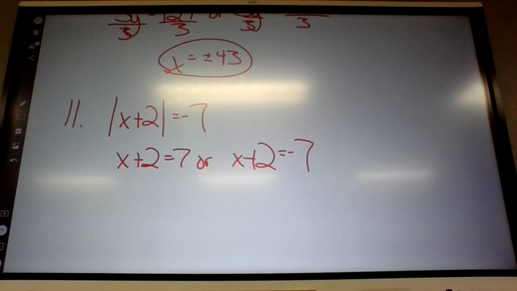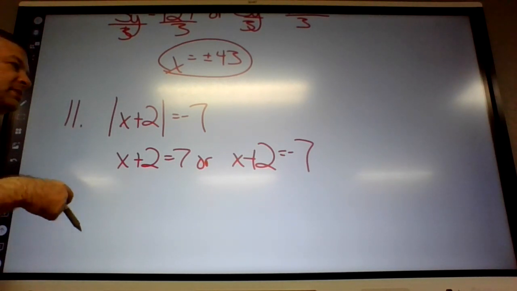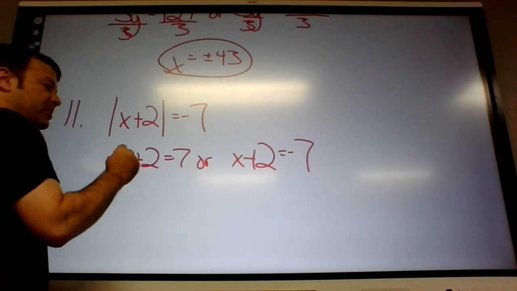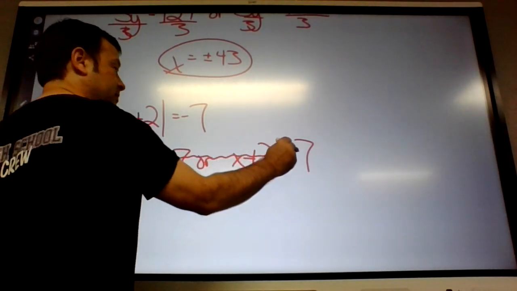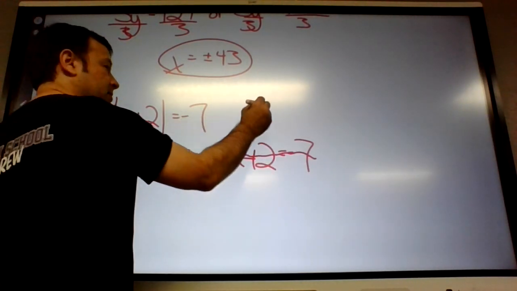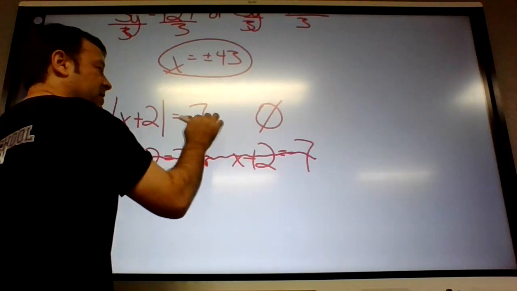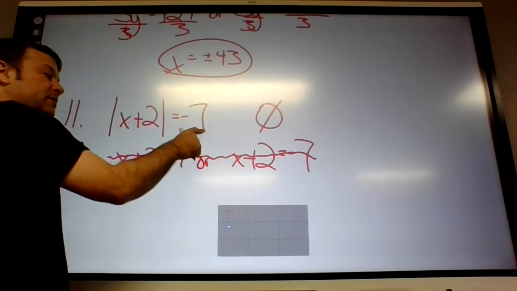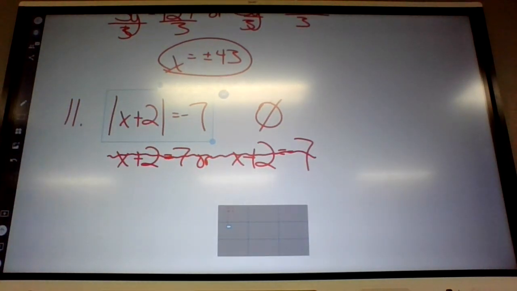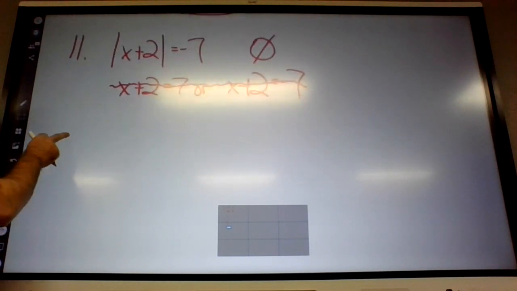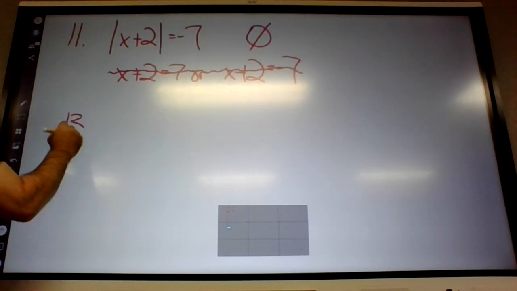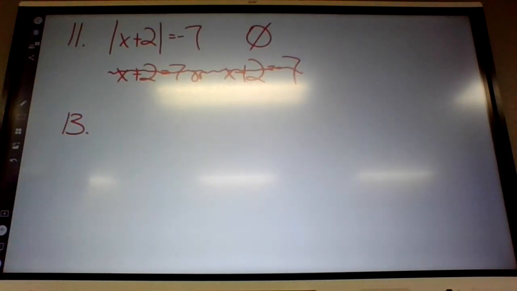But, yeah, so what should the answer be? No solution. So you don't really have to do this part on this one. Normally you would if it was just a 7 right there. But it's no solution because the absolute value cannot equal a negative. So those are the two odd no solutions. Be on the lookout for two evens.